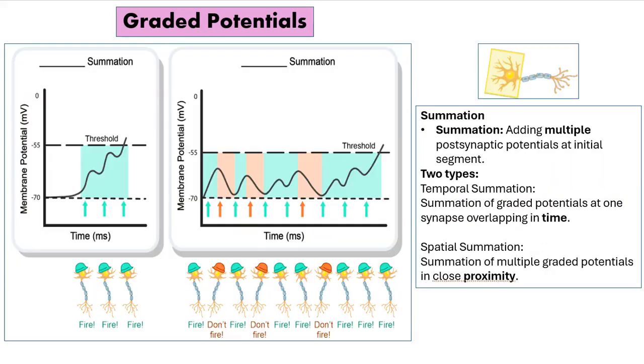Let's go ahead and get into how each of these individual graded potentials can be added up to actually get to that threshold. That is a process called summation. In other words, the EPSPs and also the IPSPs are tiny, and alone they don't have too much impact.